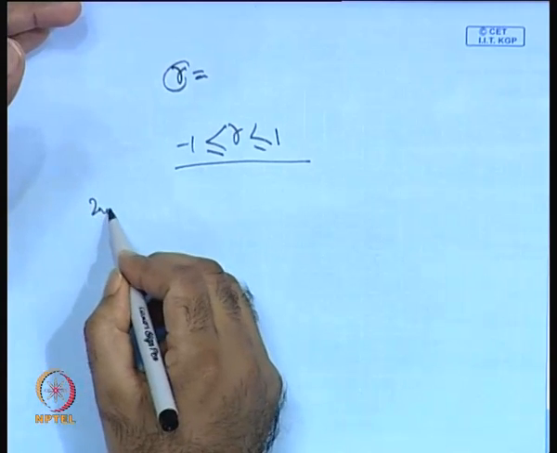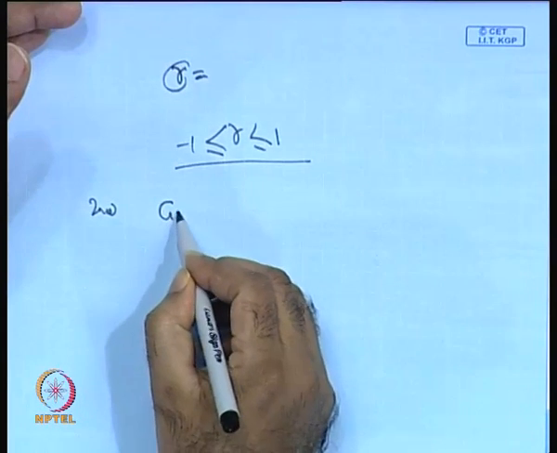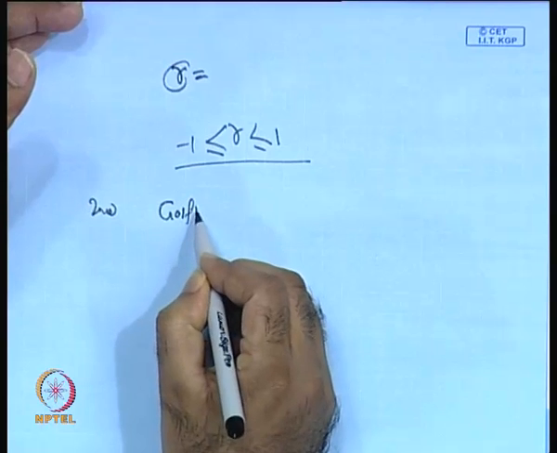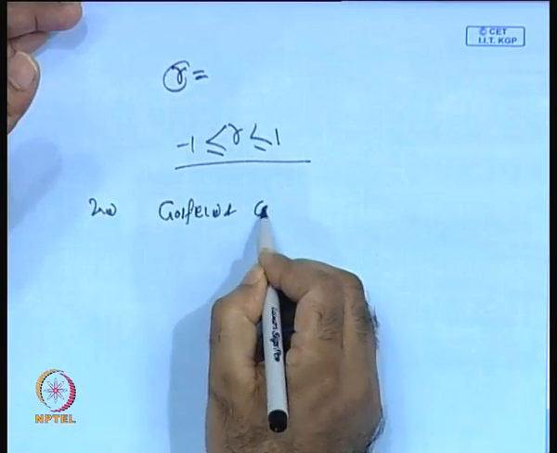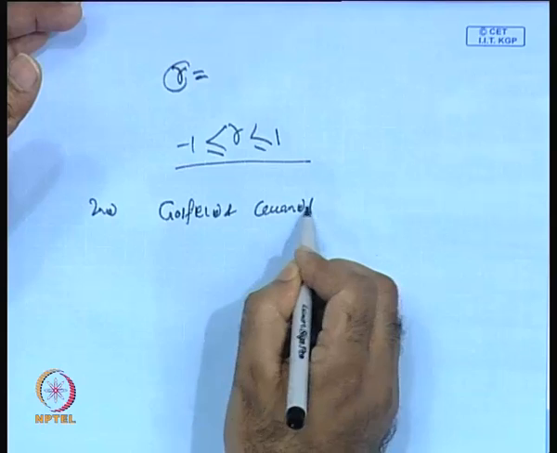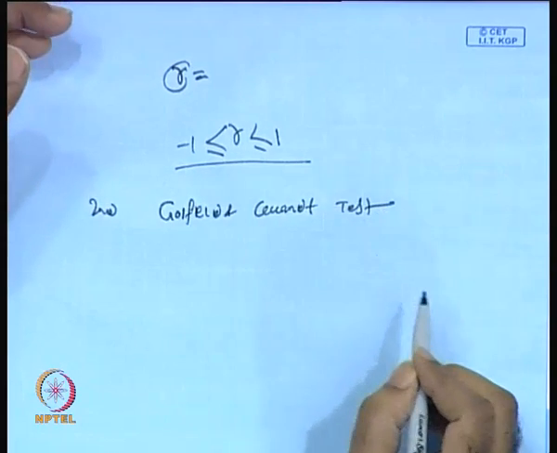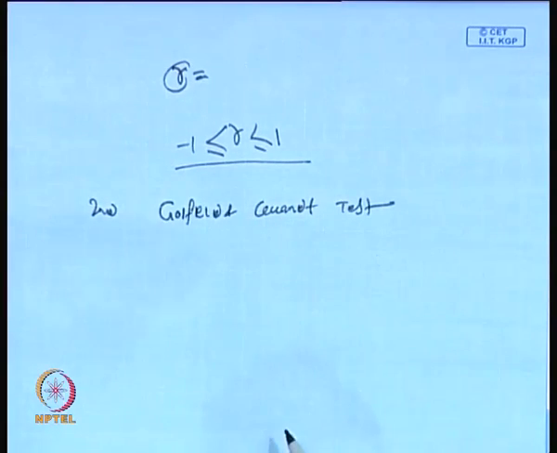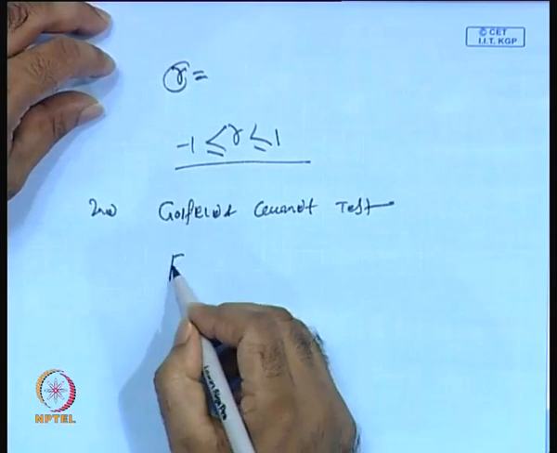The second technique is called the Goldfeld-Quandt test, the GQ test. This is another test through which you detect the heteroscedasticity problem. In that case, we use the F statistic.